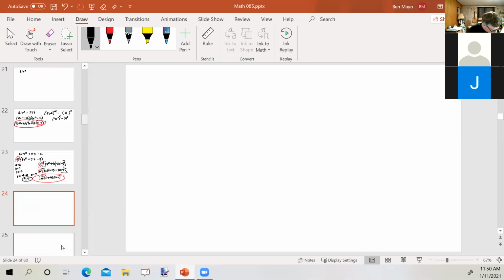Let's see here. How about this one? AE plus BF plus AF plus BE. Well, this is 4 terms. There's no greatest common factor I can take out of all 4 terms, but I'm going to use grouping.